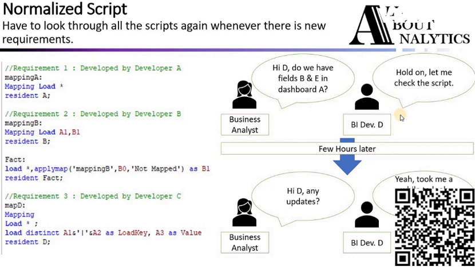After all the checking, it might take a couple of hours to look through all the scripts just to identify which columns are available or not available in the specific dashboards. So this is very time consuming for the BI developer, and it might create an impact or delay the timeline of our project.